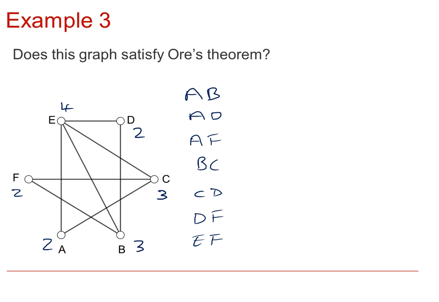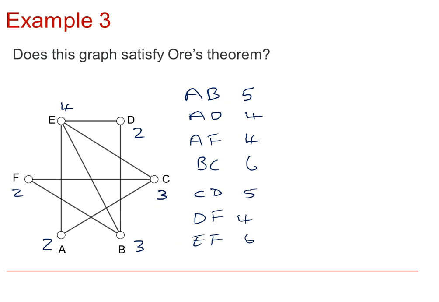So A and B would be 5. AD 4, AF, the degrees added would be 4. I should say that these are not the arcs, the list I've got here, they are just the pairs of non-adjacent nodes. BC 6, CD 5, DF 4, and EF 6.